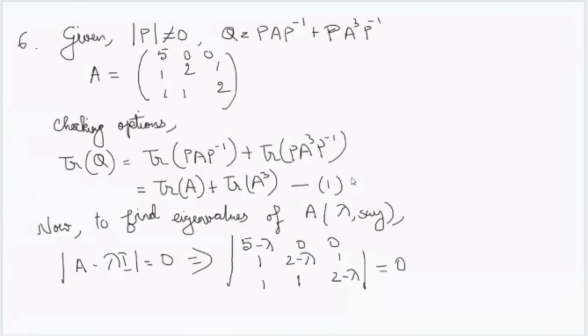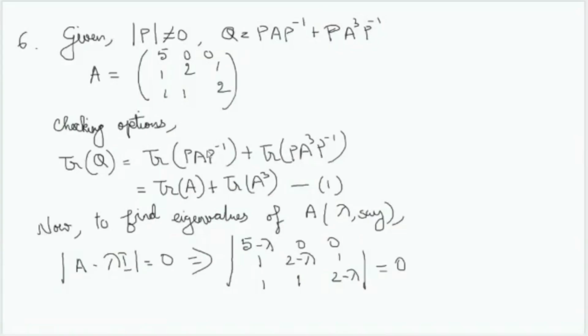So trace of Q is equal to trace of PA P inverse plus trace of PAQ P inverse. This comes from the formula that trace of A plus B is equal to trace A plus trace B. Now, trace of PA P inverse actually comes out to be trace A, and trace of PAQ P inverse comes out to be trace AQ. This is a property of matrices, and these are known as similar matrices, which have the same eigenvalues and the same trace.